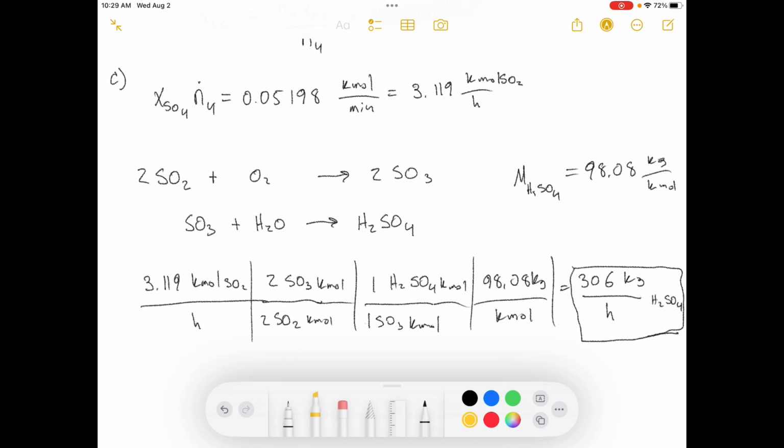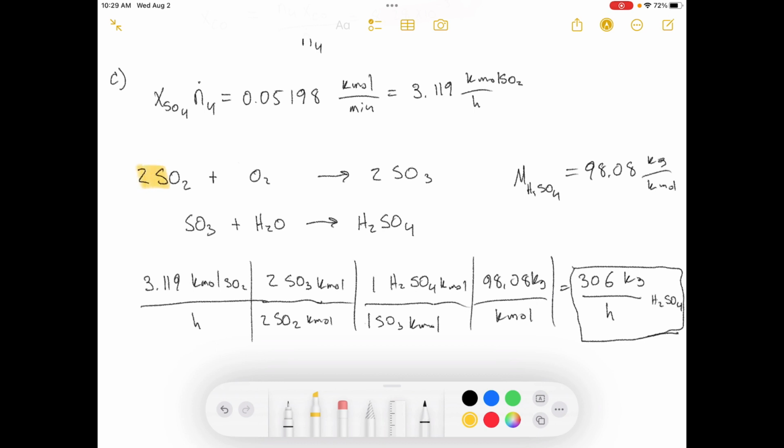Acid rain formed in this manner has caused extensive damage to forests, fields, and lakes in many parts of the world. For the furnace described above, calculate the rate of formation of sulfuric acid in kilograms per hour if all the emitted sulfur dioxide is converted in the indicated manner.